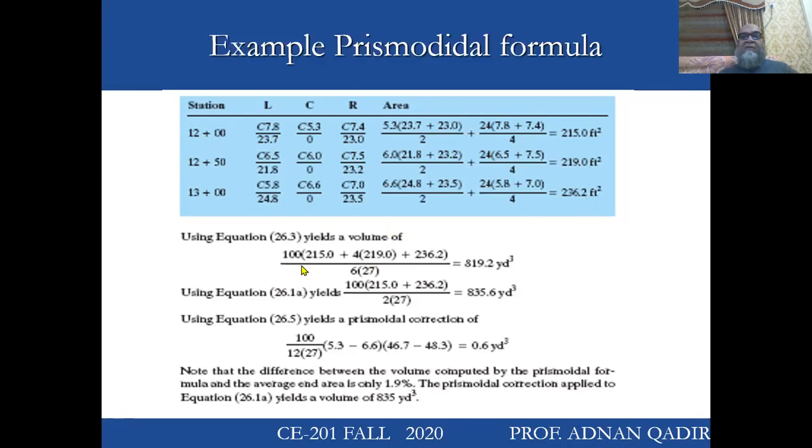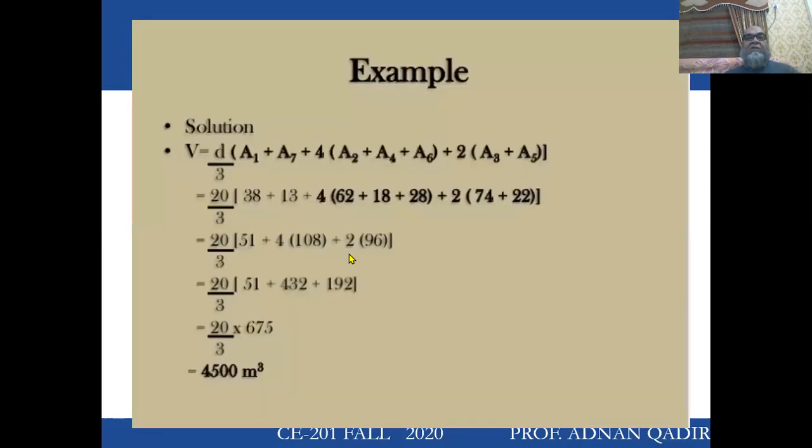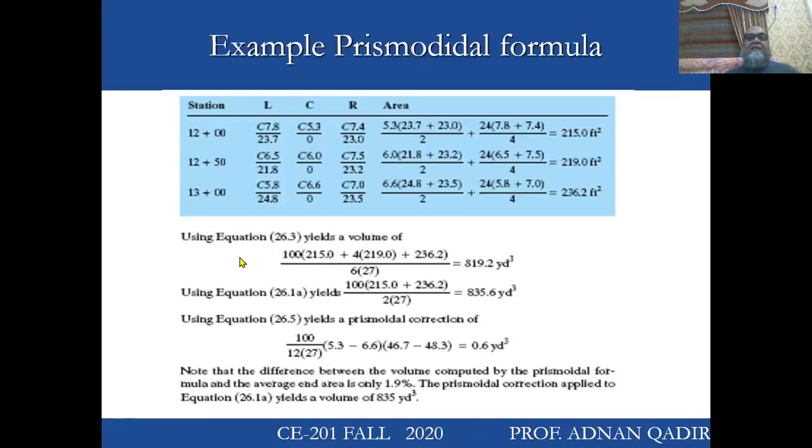Now, once you have done this, the interval between these sections is 100 feet, right? Actually, this is 50 feet. If you are using that formula, don't use this formula, but instead use this formula, D by 3. Now, D here is 50.